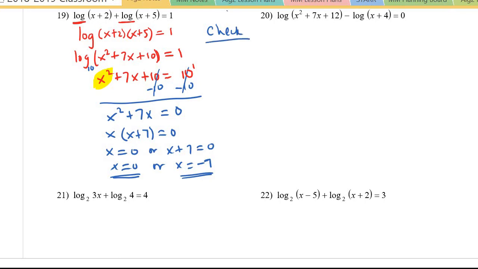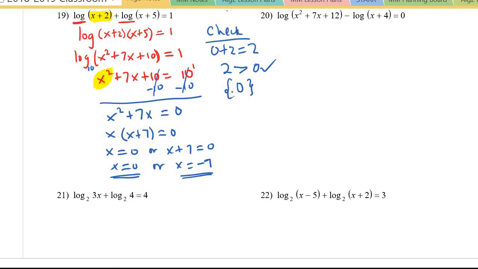Let's check the first input, highlighted in yellow, x plus 2. We do 0 plus 2, and the answer is 2. Because 2 is greater than 0, then 0 is acceptable. So 0 is valid. 0 is an answer.